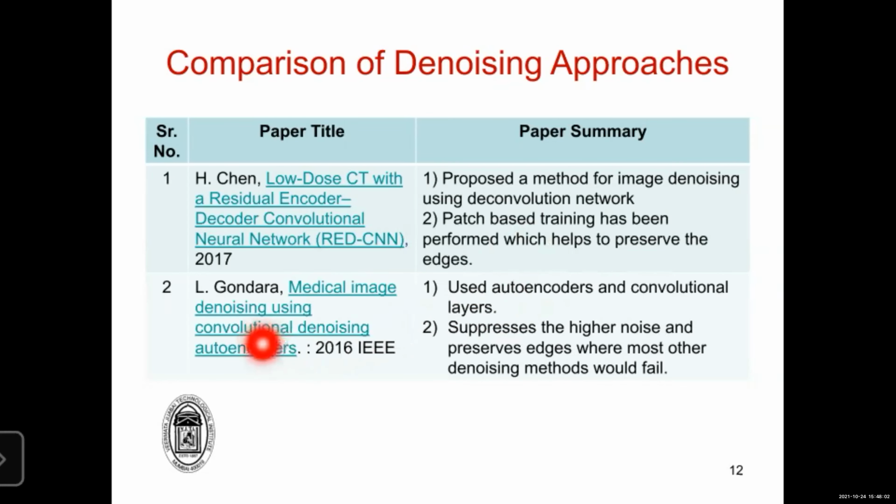Mr. Gondara published a paper in 2016, medical image denoising using convolution denoising autoencoders. It used autoencoders and convolution layers. It suppressed the higher noise and preserved the edges, while other denoising methods failed.